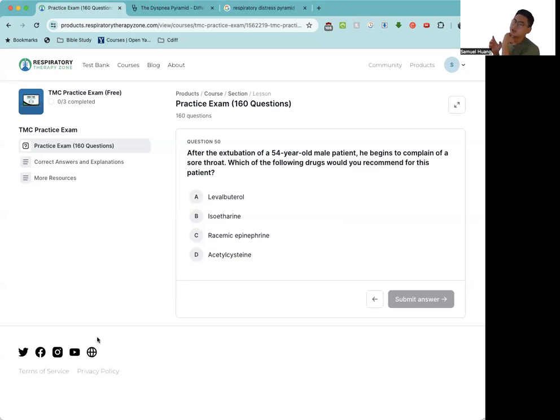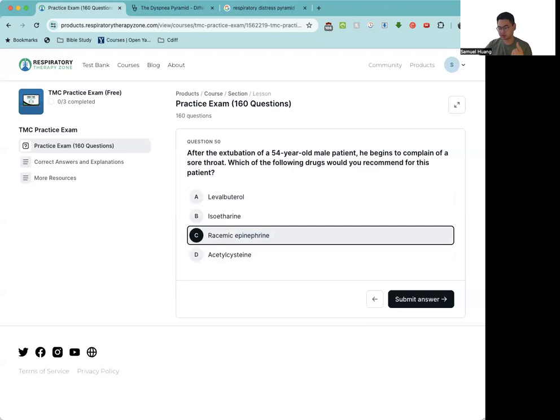When you deflate the cuff, you really want to hear a whoosh of air, like the sound of a cough. If there's laryngeal edema, what you should do, if you hear stridor, they didn't say stridor, but if you hear sore throat, maybe laryngeal edema, racemic epinephrine is the way to go.